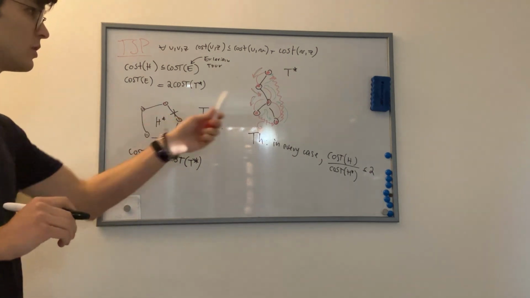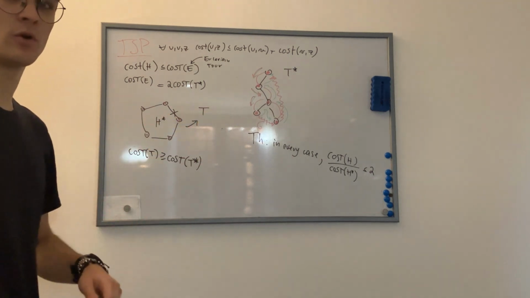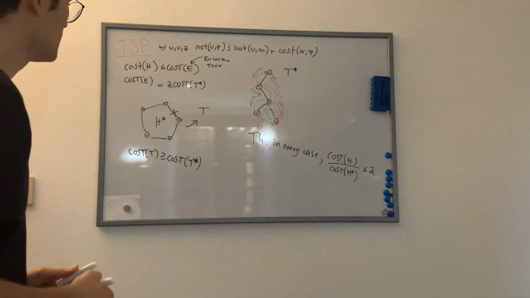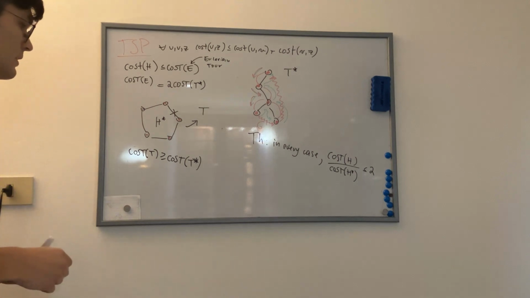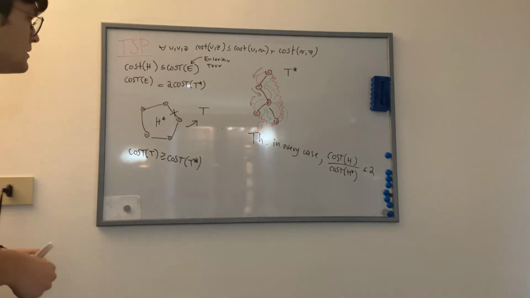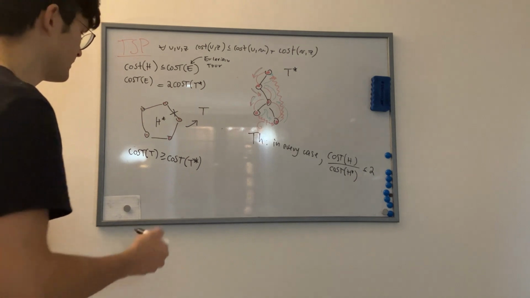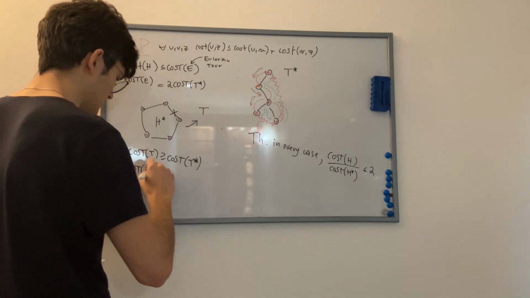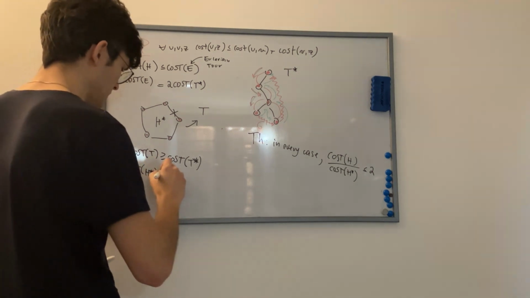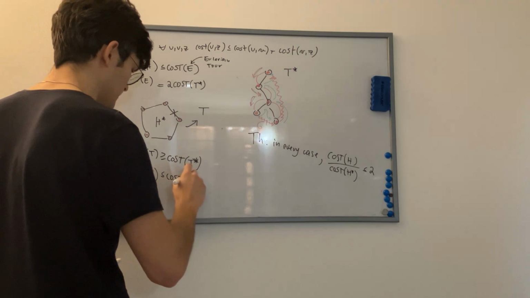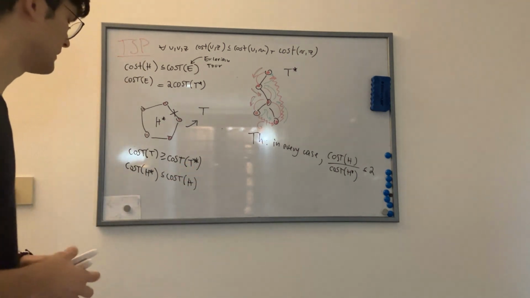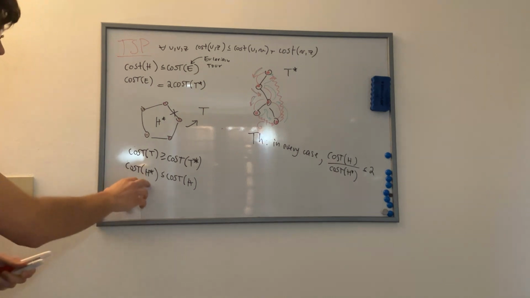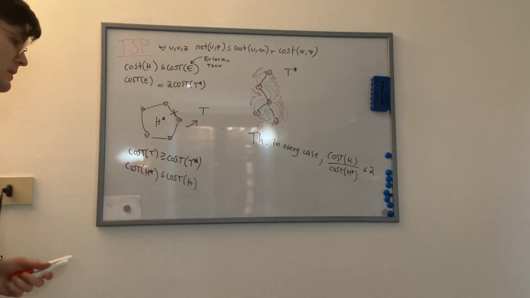So we know that the cost of T star is the minimum among all of the possible spanning trees that we can find in G. And obviously, another thing that we can say is that for sure the cost of H star is lesser or equal than the cost of H, because H star is our optimal Hamiltonian cycle.